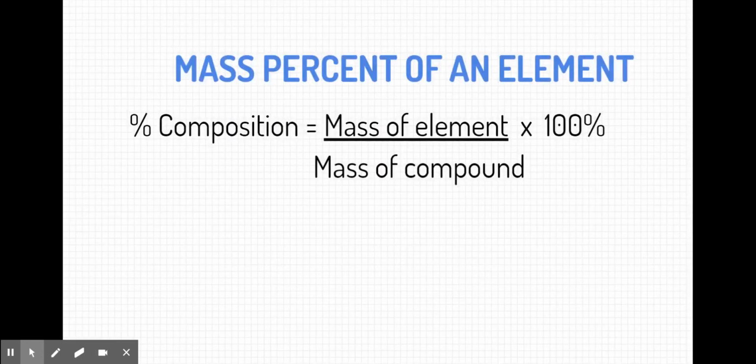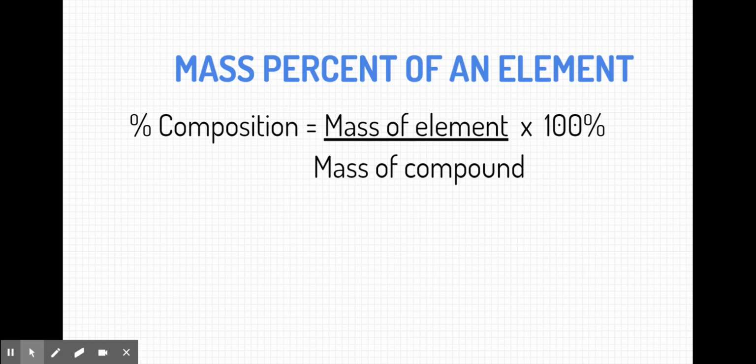Here is the formula that we use for percent composition. Percent composition is often more precisely referred to as mass percent, or percent composition by mass, or percent by mass.